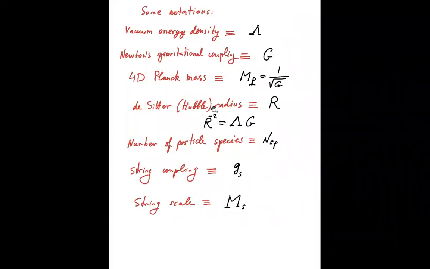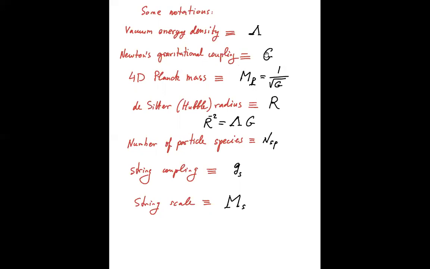So some notations. I will use lambda for vacuum energy density. Of course, I will use particle physics units where the speed of light and Planck's constant are equal to 1. Lambda will have dimensionality of mass to the fourth. It's an energy density, the cosmological constant.